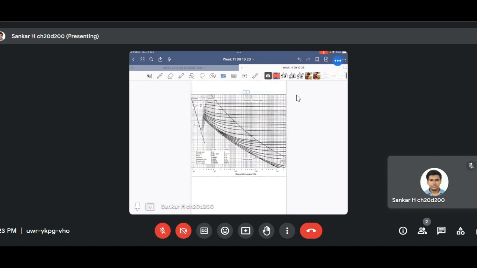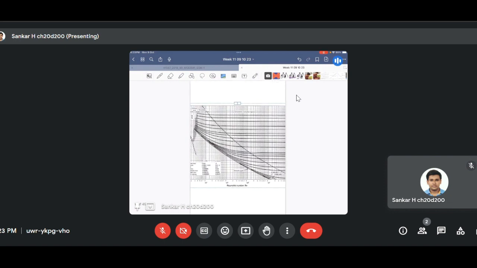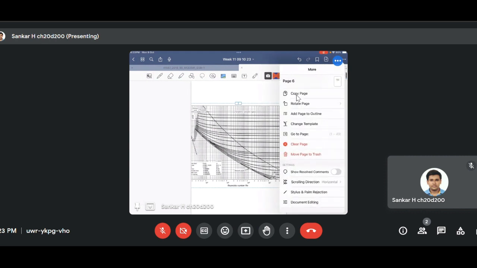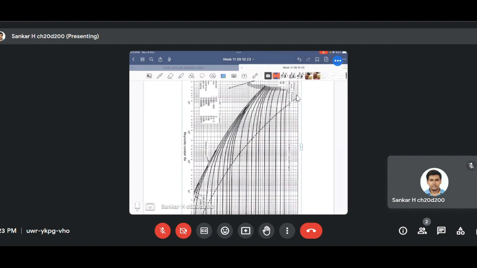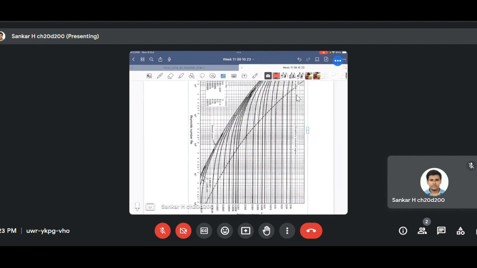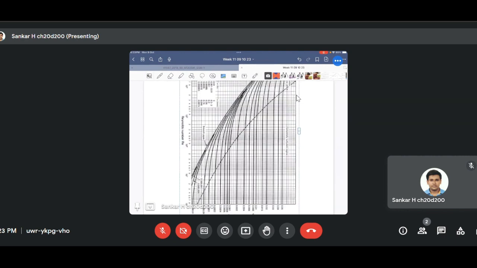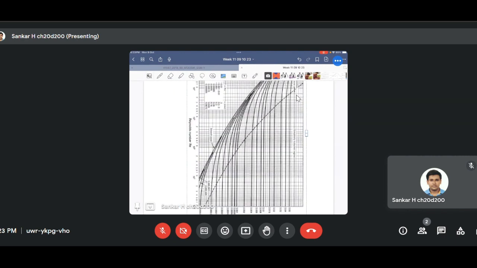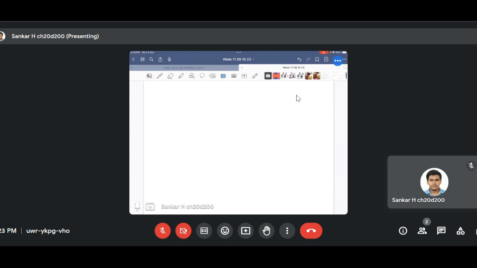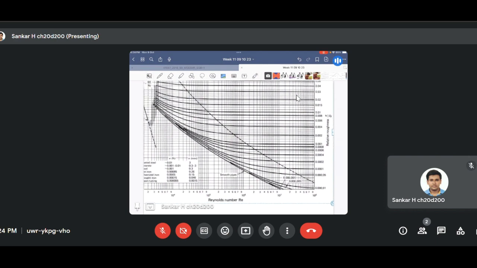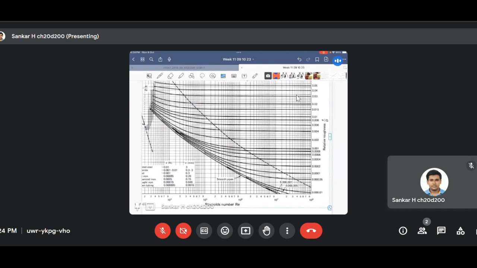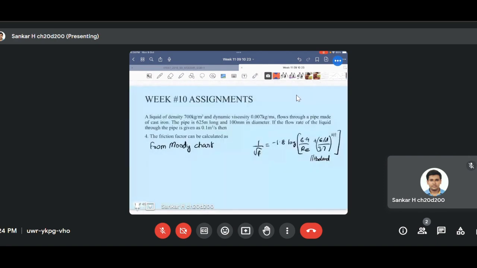So there we have it. This is our Moody's chart. There we have a much better version of it. Now that we have zoomed into it, we'll be able to take a look at what the values are.